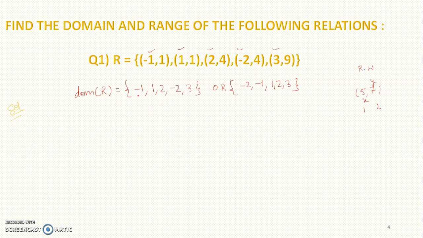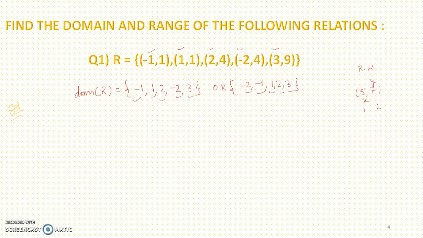Either you select the first coordinates directly, -1, 1, 2, -2 and 3, or you write them in sequence; it does not make any difference, but the elements should be correct. See, -1 is here, -1 is here, 1, 1, 2, 2, -2, -2, 3 and 3. The only difference is that at times the answer should be written in sequence. If you write it in sequence, it is correct. If you write it in this manner, then also it is correct. So this is the domain of R.